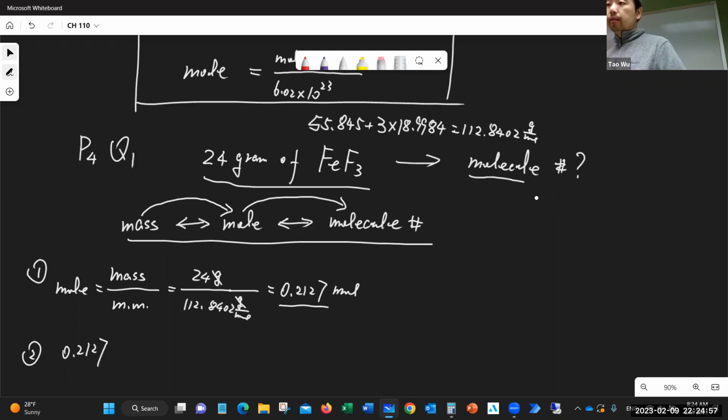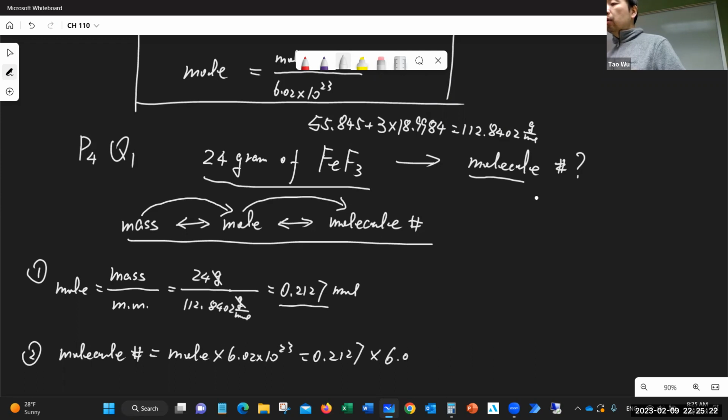We know the molecule number should be equal to mole multiplied by 6.02 times 10 to the 23rd. So you have 0.2127 mole, and you times 6.02 times 10 to the 23rd, and then you will get the molecule numbers.